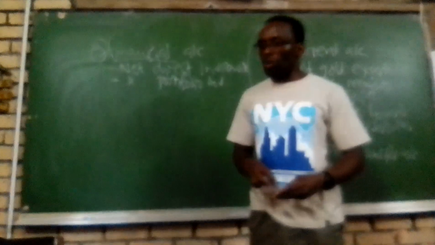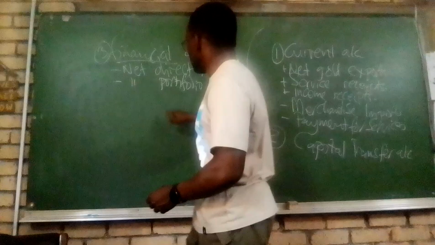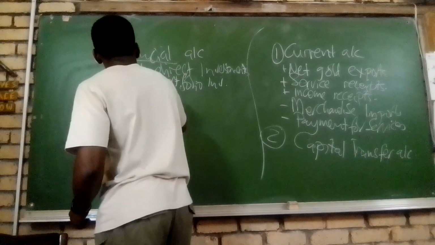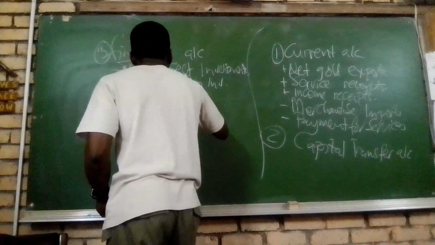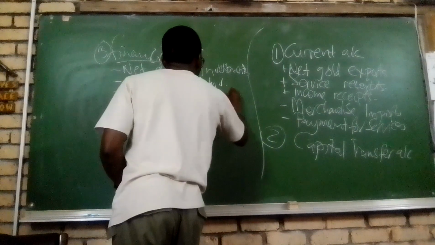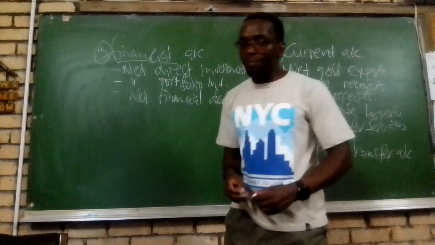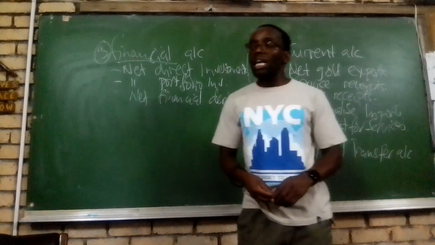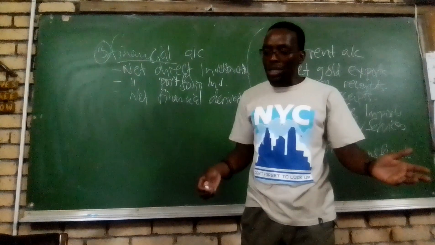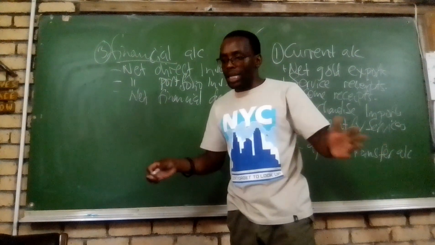We also record the other one, which is our net financial derivatives. And then the other thing that we are also going to record in our financial account is the other investments. Are we together? So we then record other investments that we have.